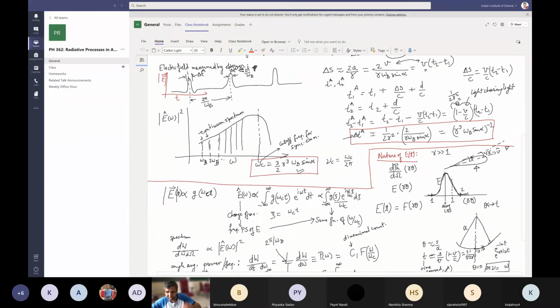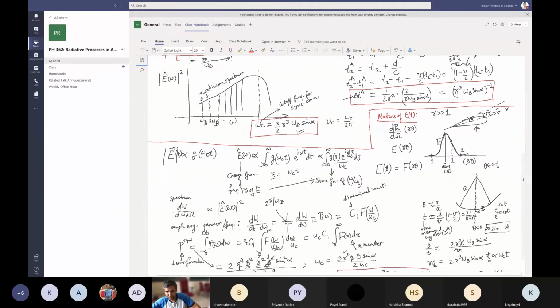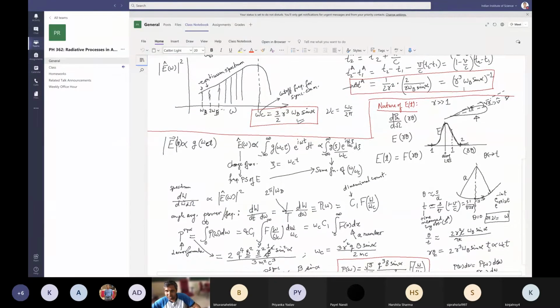And so it gives this relationship between the duration of these short pulses of electric field and the magnetic cyclotron frequency.